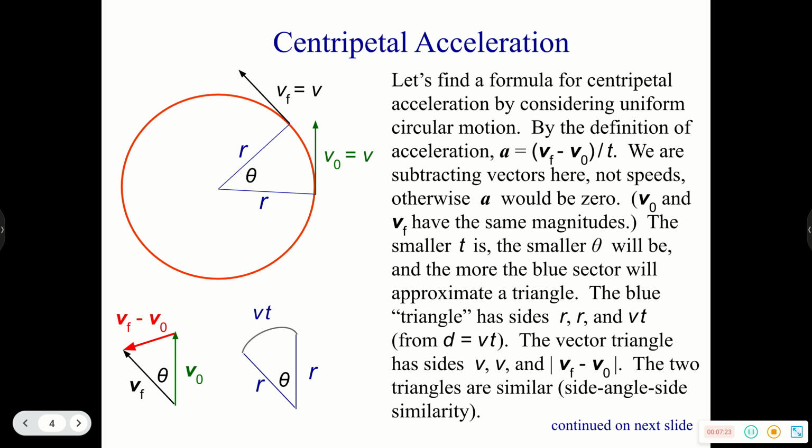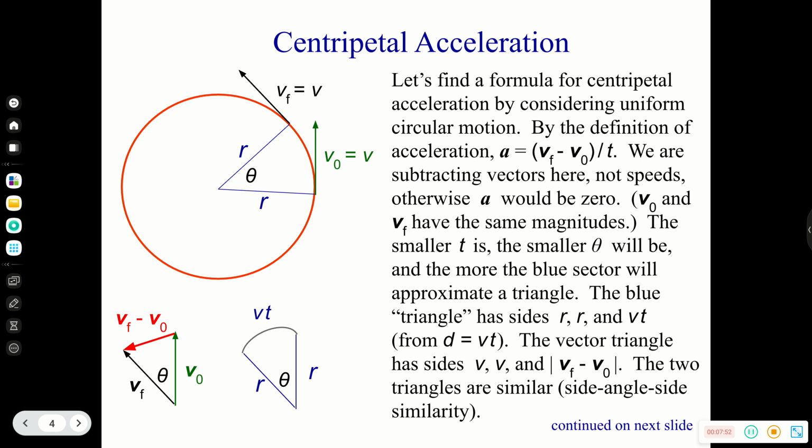So centripetal acceleration, we know that the definition of acceleration is VF minus VI over T. In this case, when we did it for tangential acceleration, we decided that we were going to use those outside numbers. But in the end, centripetal acceleration is radial in nature.